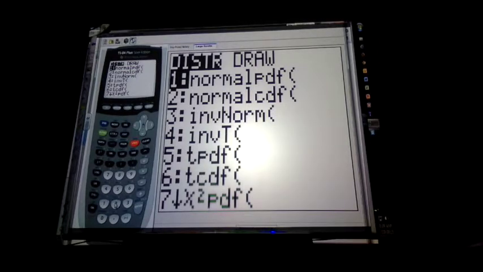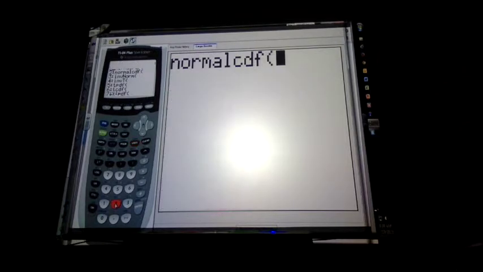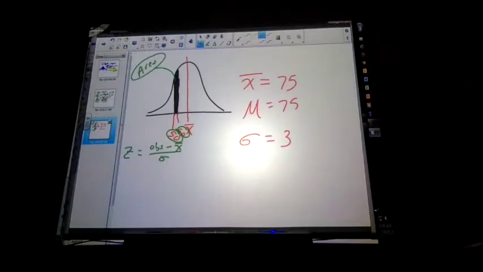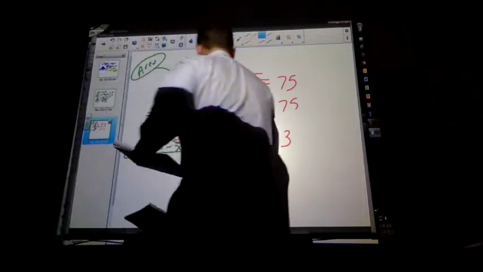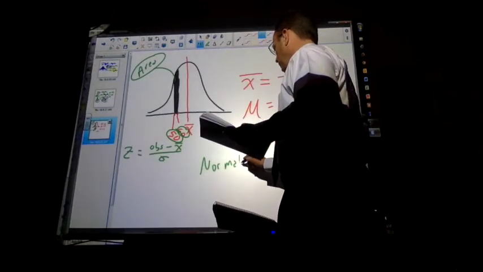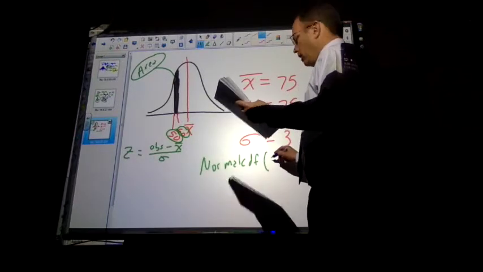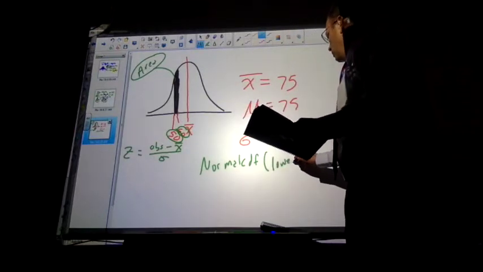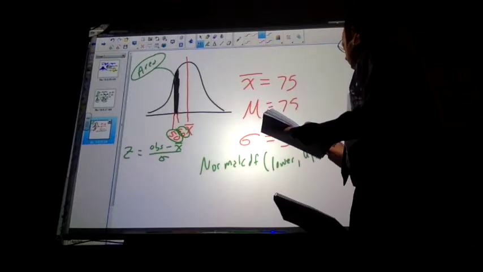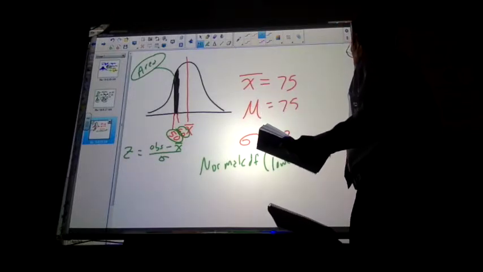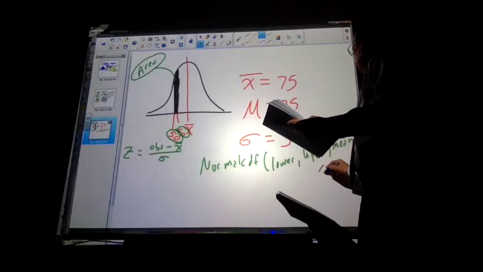It's going to ask for lower bound, upper bound, average, standard deviation. So we're going to use normal CDF: lower, upper, mean, standard deviation.